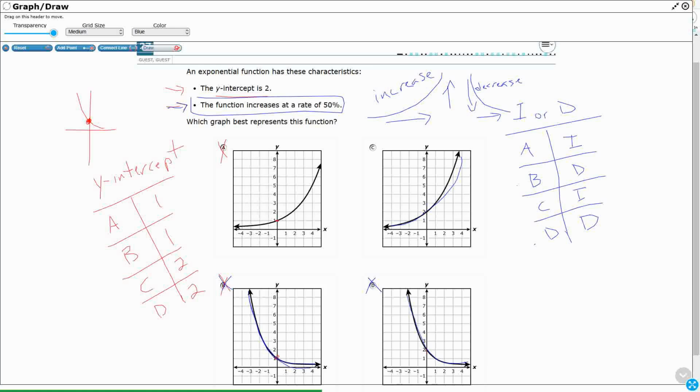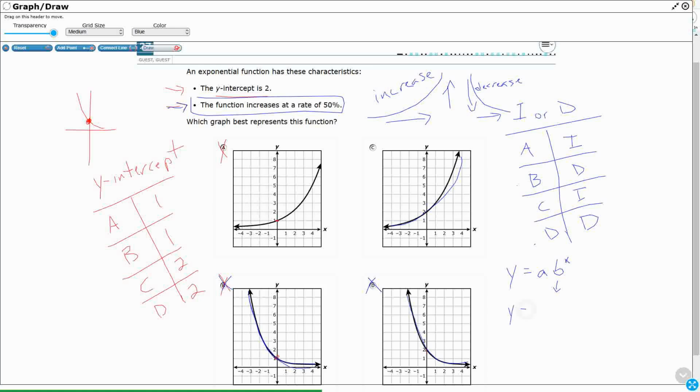Now, we can verify this by using y equals a times b to the x. That's our standard form there, okay? And what we can say is we've got our initial value, right? And then we've got this b, which is going to be our change.